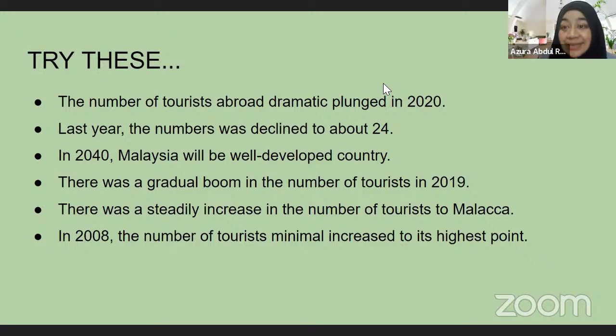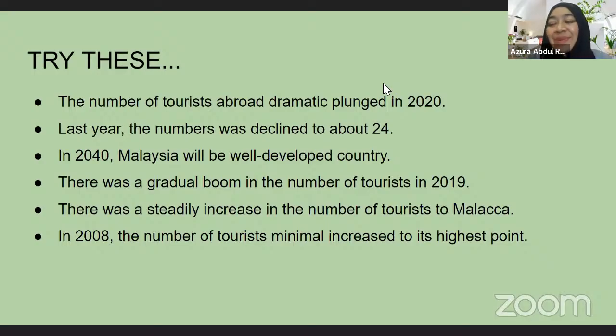Rapidly up? Exactly. A boom is like huge, isn't it? So how can a boom be gradual? Very good, Anis. There was a boom in the number of tourists in 2019. Excellent.